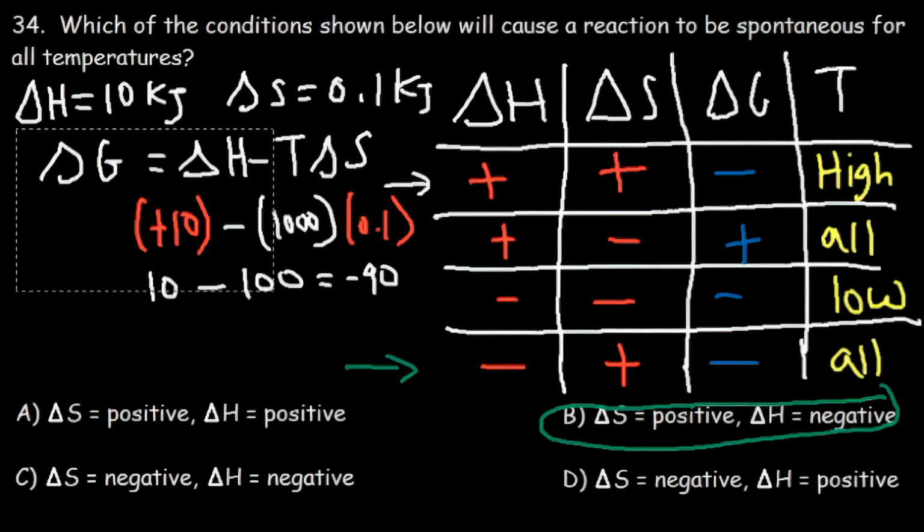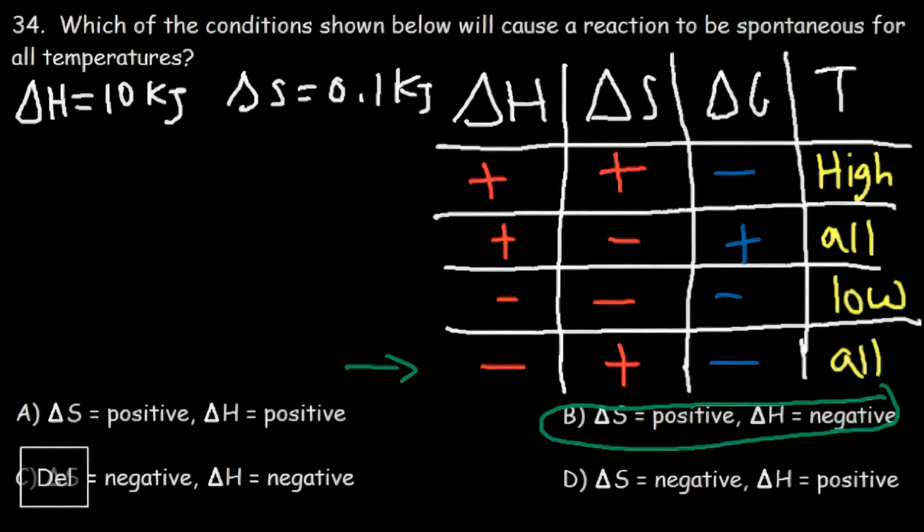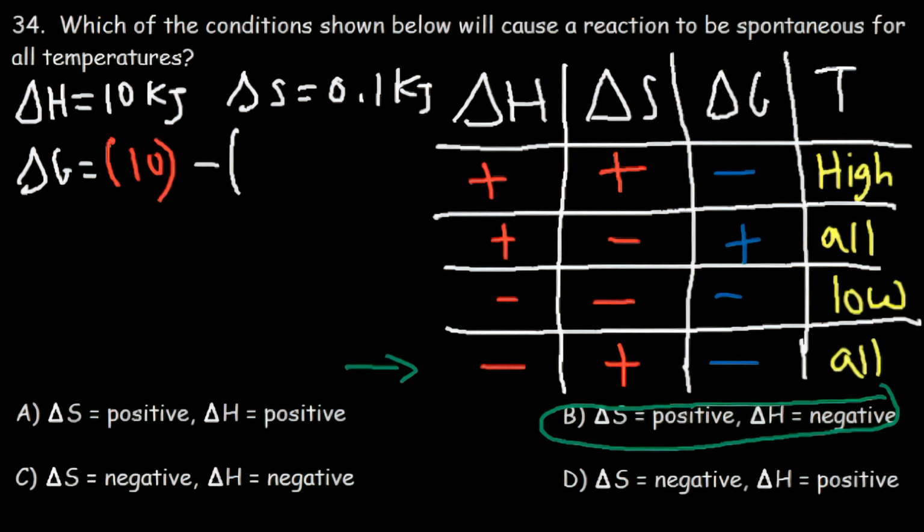So now let's plug in a low temperature. So H is still going to be positive 10, and then minus the low temperature, which we're going to plug in as 10, times the entropy value of 0.1. So 10 minus, let's see, 10 times 0.1 is 1, so we're going to get 9. And notice that it's positive.